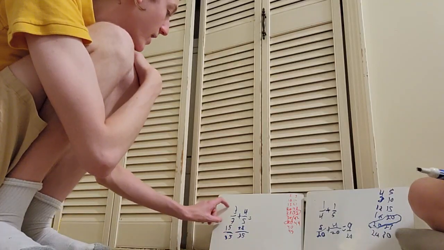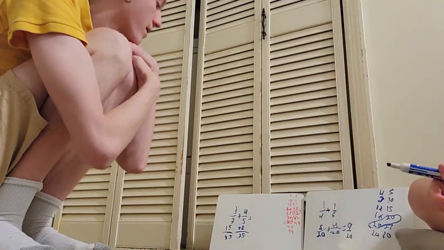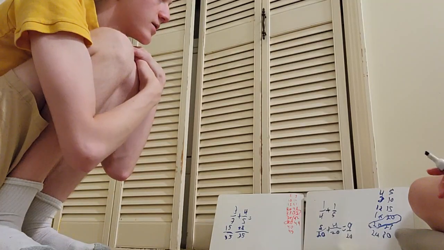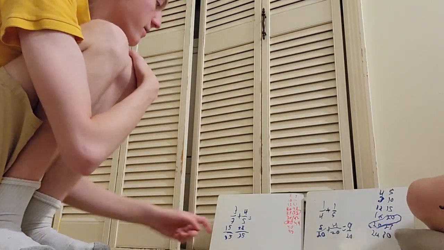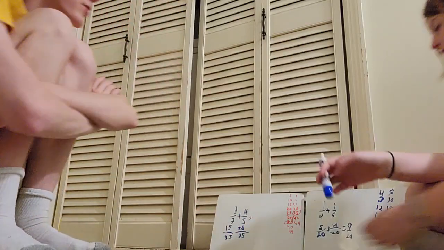So now you add these fractions, and that is your answer. So how do you add fractions? Add the top, leave the bottom. Okay. So put a plus sign and do the math.